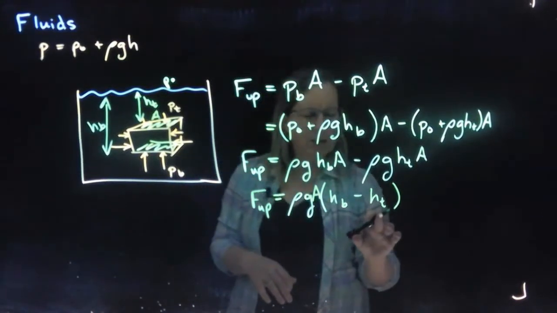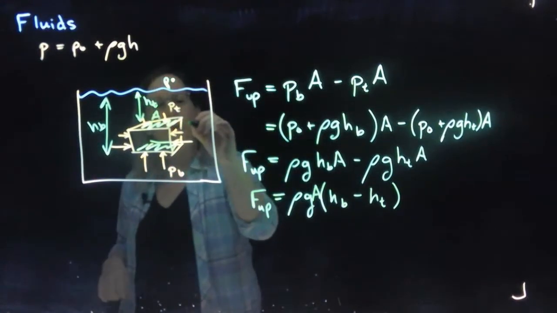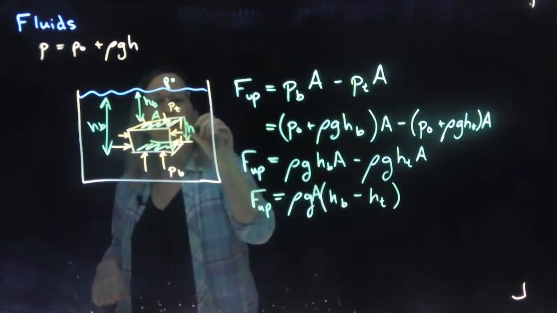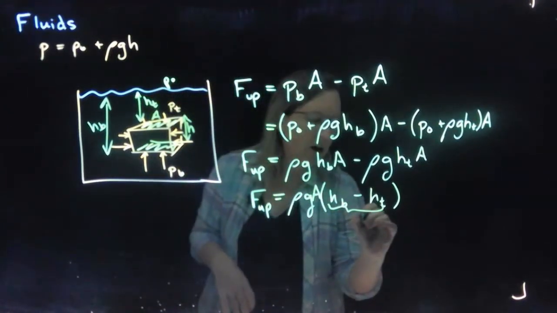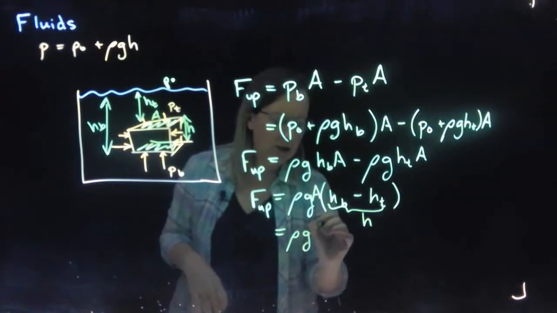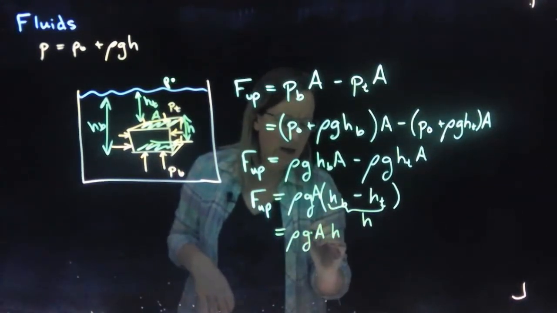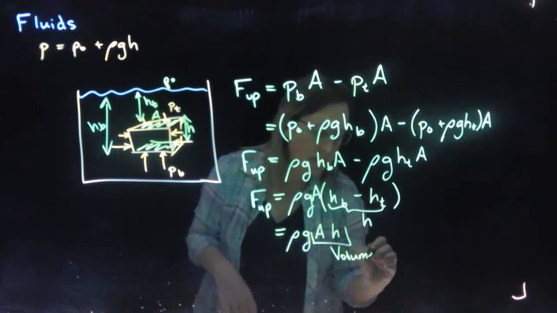This h bottom minus h top is really just the height of this box, our height overall, so we can just call that our height. And so this becomes rho g A times h, but that's the volume of the box.